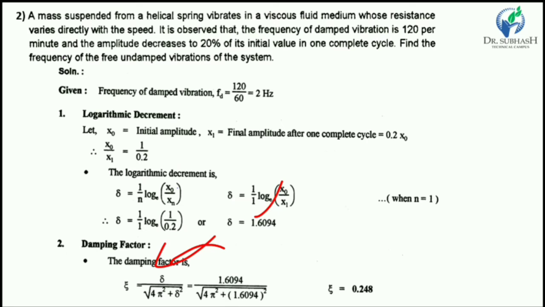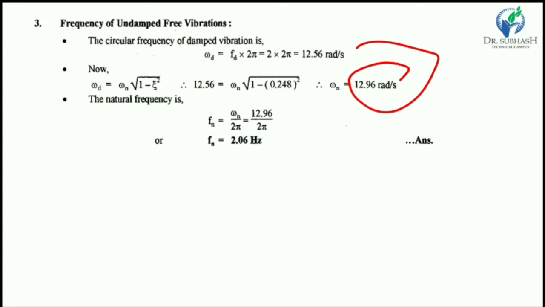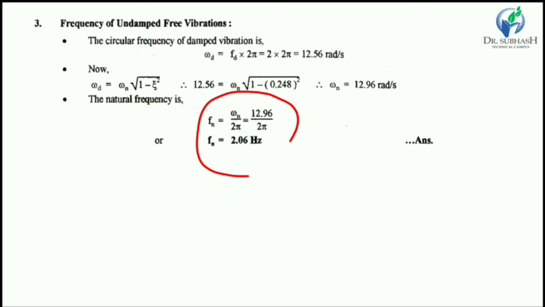This value is entered into the equation for zeta, and we find the value of zeta. Now this zeta value is put into the equation of omega d, and we find the value of omega n, 12.96 radian per second, and this value of omega n is put in the natural frequency equation, and we find the value of the natural frequency.